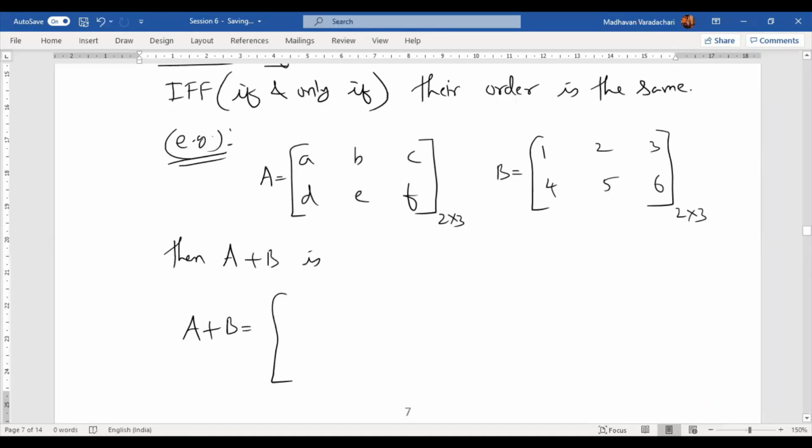That is A plus 1, B plus 2, C plus 3, D plus 4, E plus 5, F plus 6. The order of the resultant matrix will also be 2 by 3.